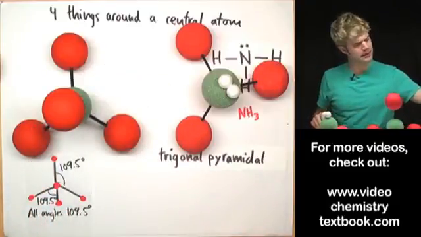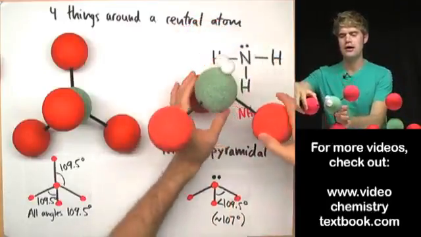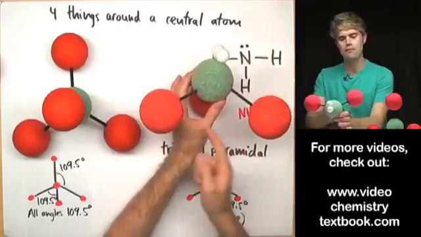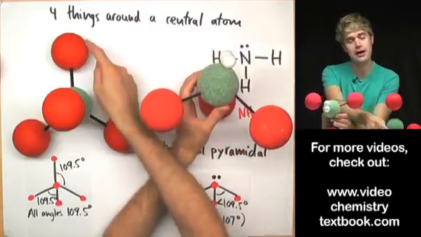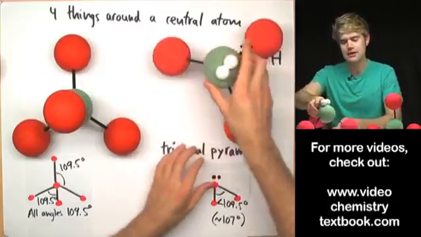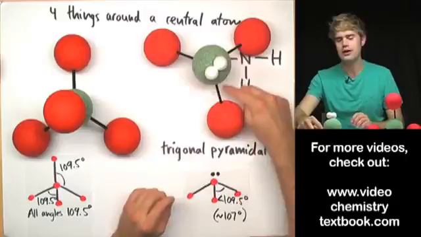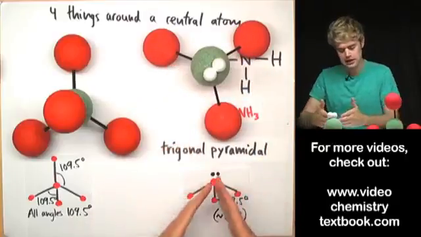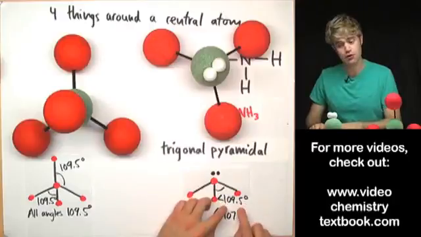But in a trigonal pyramidal, just like we saw with the bent molecule, the unshared electron pair here pushes a little harder against these 2 bonds than an atom would. And so that means that the angle between these bonds is pushed a little tighter, and so it's smaller than 109.5.